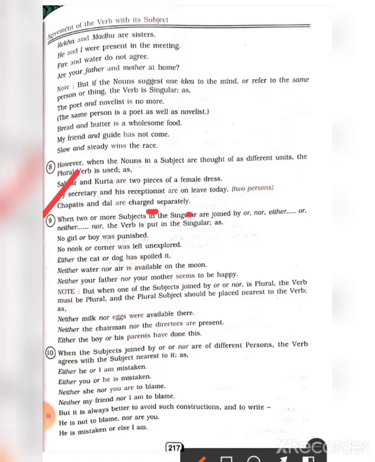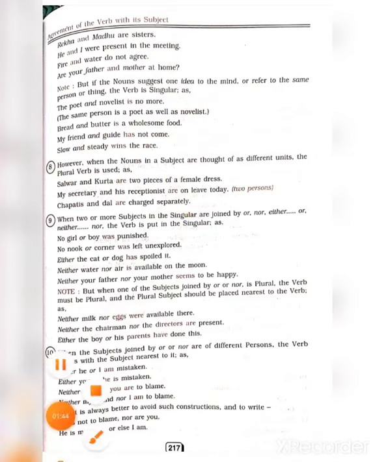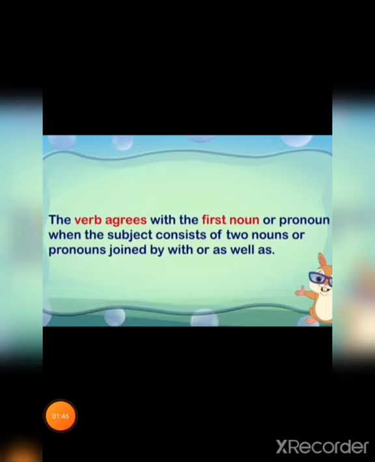These are two different items of food for which you have to pay separately. So chapatis and dal are served here as different units. Chapatis is a singular subject, dal is also a singular subject, so the plural verb "are" will follow after that. Okay. Now move on to the next point.